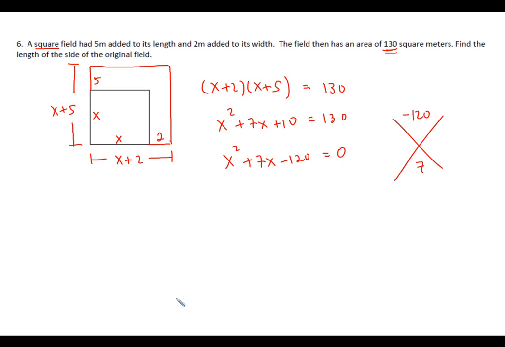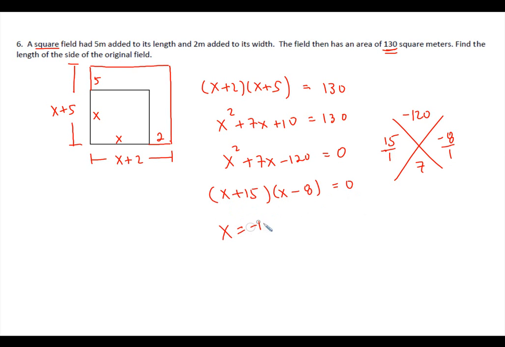So it looks like the two numbers are going to be 15 times negative 8. A is 1, so divide by A. So our factors are x plus 15, x minus 8 is equal to 0. So when will this factor equal 0?